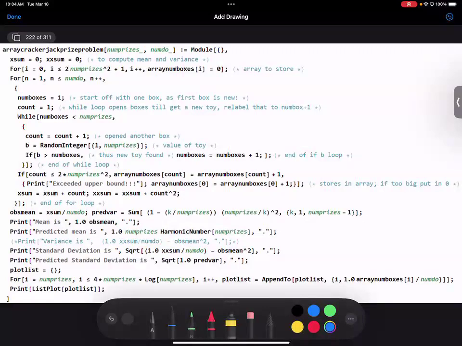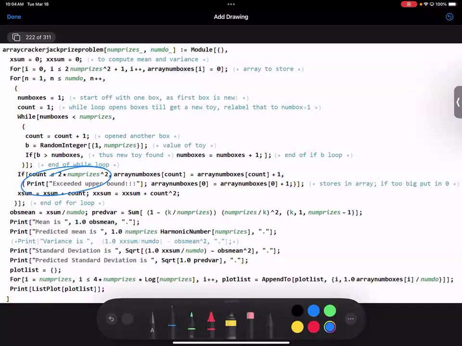Now, the problem is I could be extremely unlucky. If I have 2 prizes, is it possible it could take me 1,000 tries before I get both prizes? Yes. Unlikely, but yes. Could it take 1,000,000? Yes, but unlikely. So if you notice in the code, which I know you're looking at extremely carefully right now in real time, there's one part over here where, if count is less than twice the number of prizes squared, then I'm going to increase the corresponding array by 1.